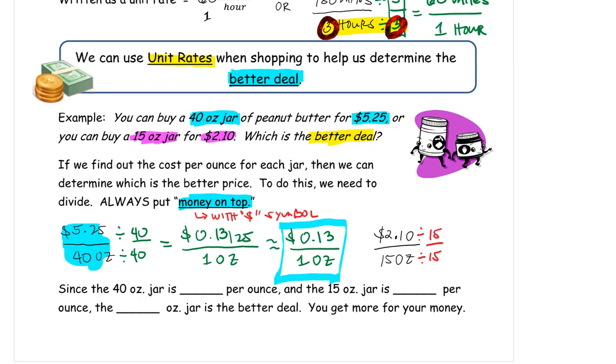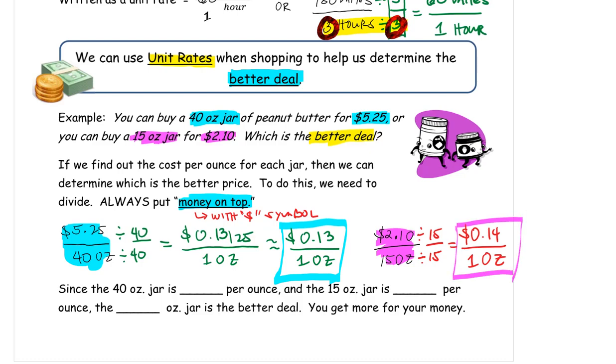Therefore I will also divide the numerator by 15, and this gives me 0.14 dollar per 1 ounce. Again, this is my second rate, but this is now the unit rate.